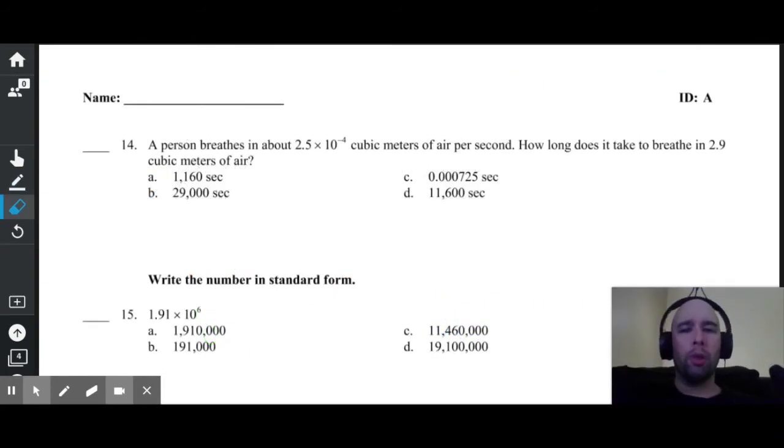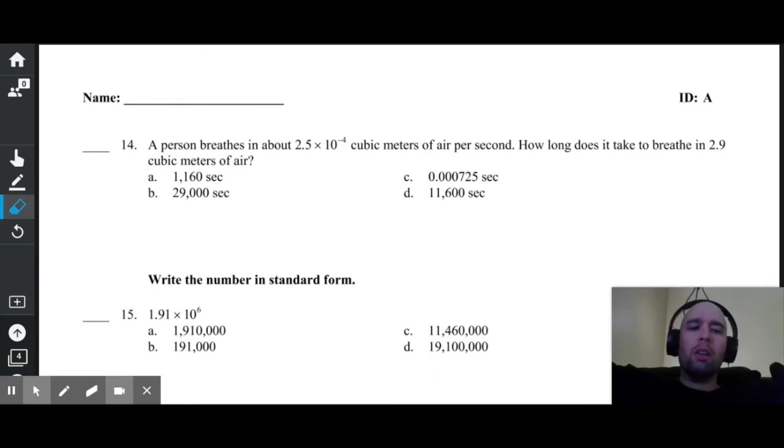A person breathes in about 2.5 times 10 to the negative 4th cubic meters of air per second. How long does it take to breathe in 2.9 cubic meters of air? All right, so to imagine what we're dealing with, a cubic meter of air is, just pretend what a meter is. It's like a yard, and turn that yard into a cube. So it's going to be a huge box, okay?